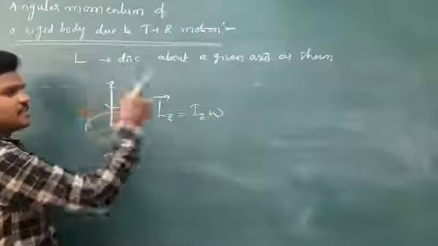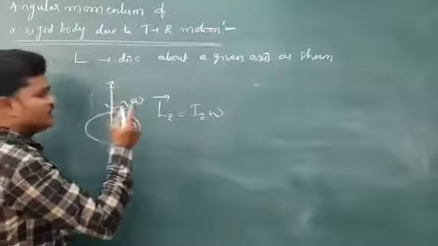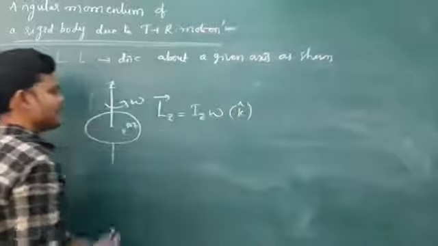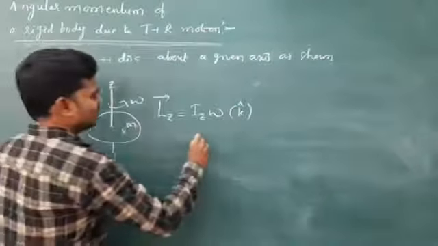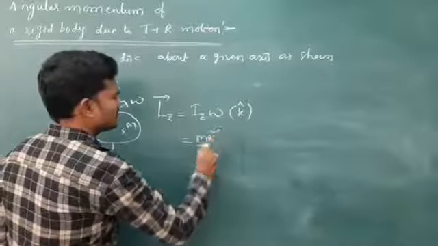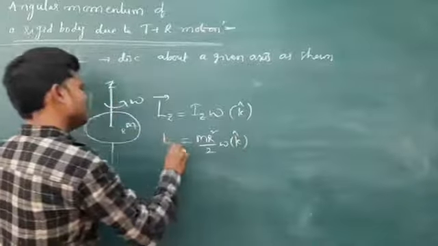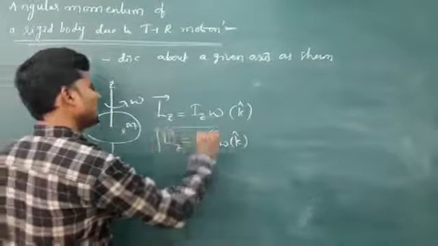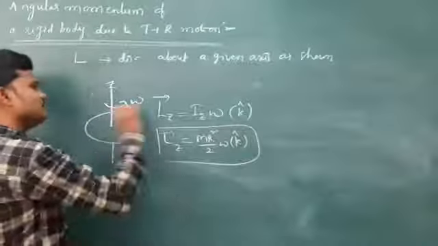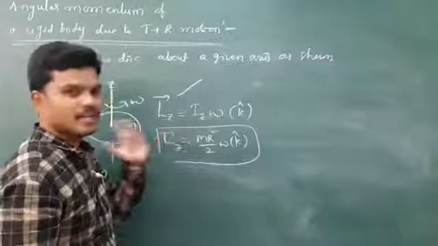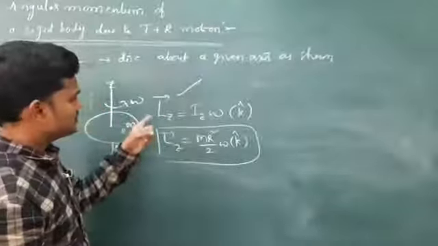And see, this is rotating in this direction, so you can write in vector form, it is plus k cap, anti-clockwise. Iz is nothing but m r square by 2, omega k cap. Because here the rigid body has only rotational motion, the angular momentum is possible due to only rotation.